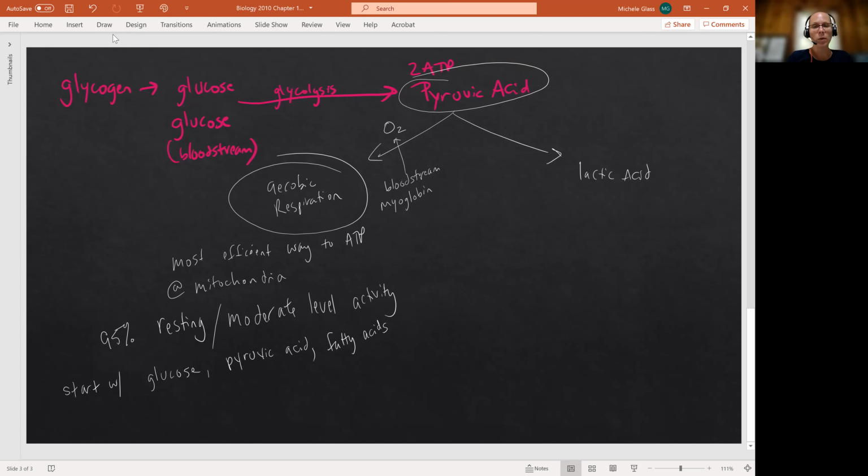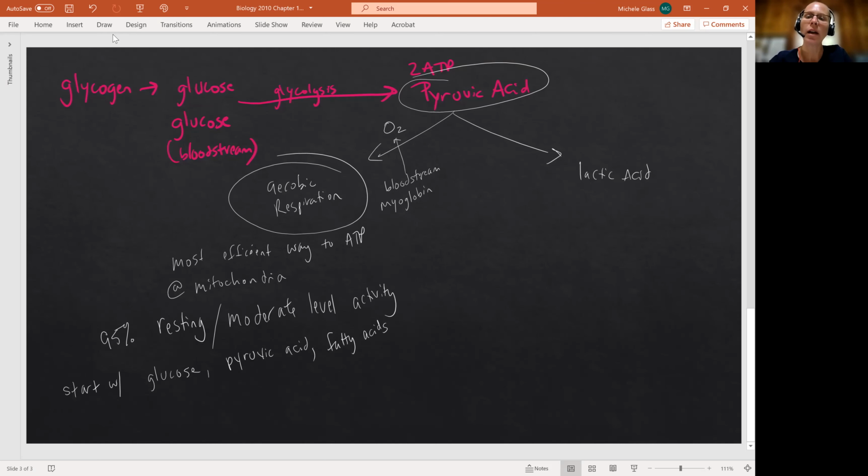So we can do aerobic respiration using either glucose, pyruvic acid, or fatty acid as a starting material. And we're getting back carbon dioxide gas, we're producing water molecules, and then we're also getting a whole lot of ATP. So we're getting a whole lot of ATP here.